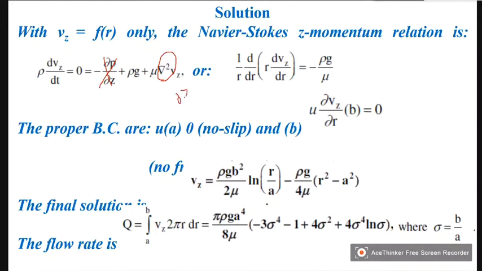Actually, it is dou square by dou r square term and dou square by dou z term and dou square by dou y or whatever it is, because our direction of flow is this is one direction, this is another direction, and the third one is perpendicular to the plane.